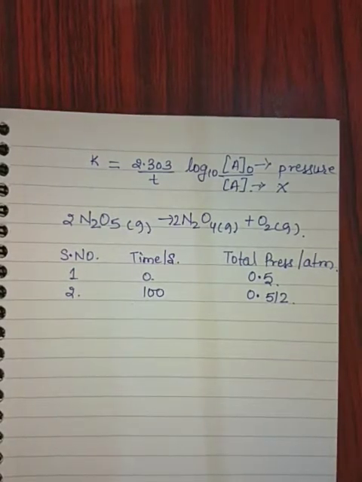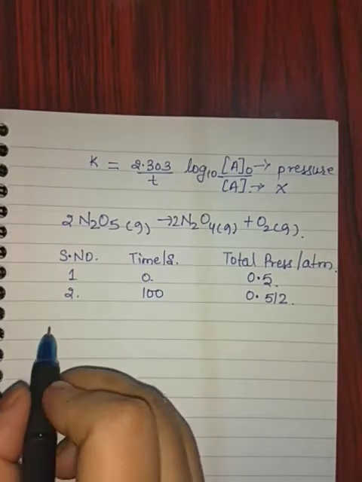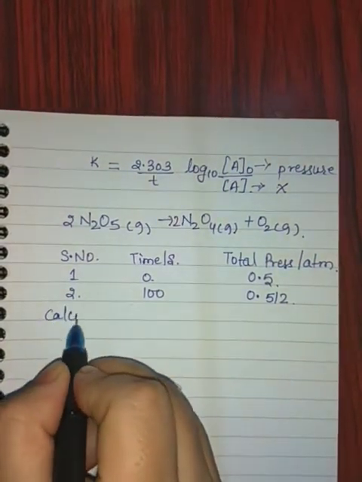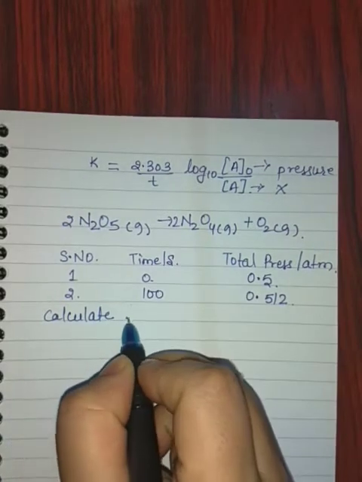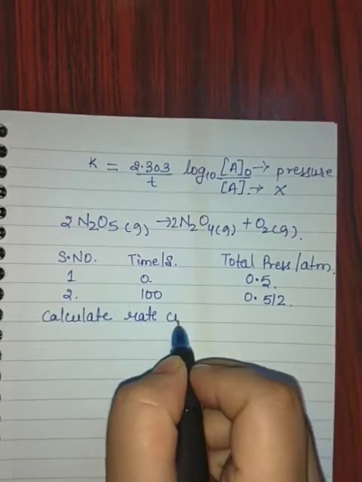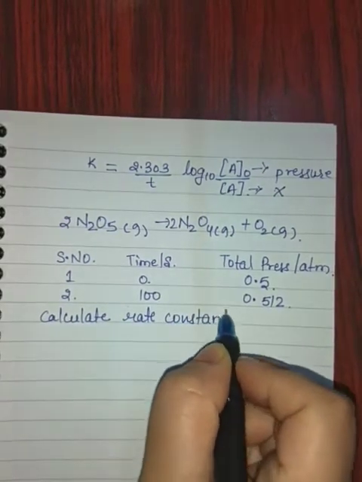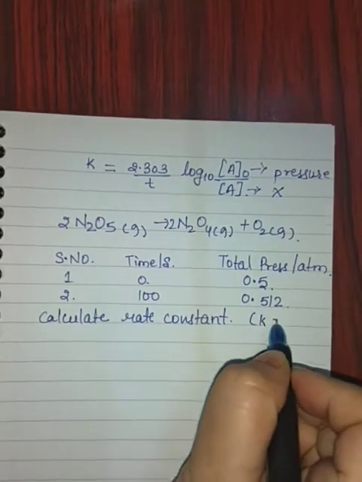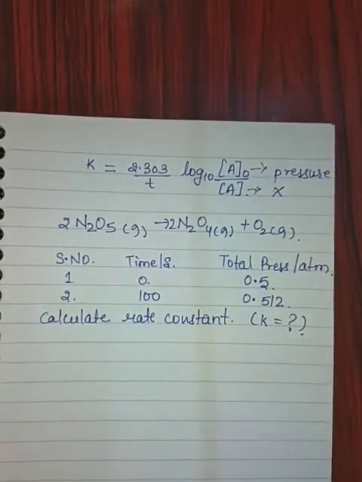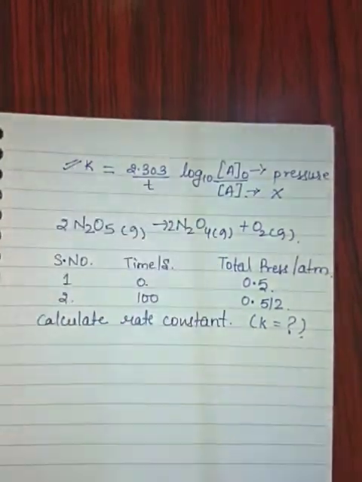This is the information given to you, and they are asking you to calculate the rate constant. So you have to calculate the value of k. The formula is right here in front of you.